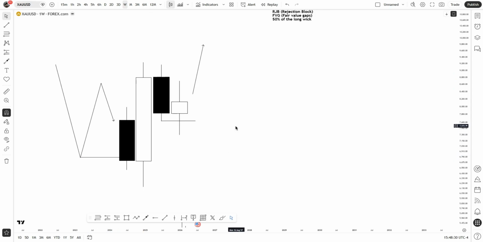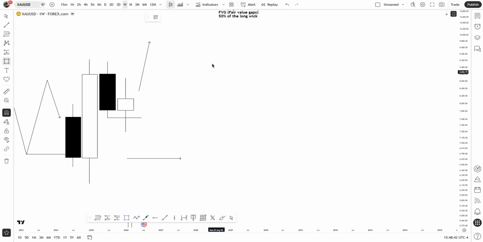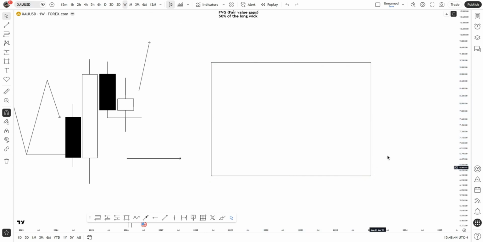Okay, so what is the logic behind this pattern, this key level and this range? Let's talk about it on the lower time frame. The market generally creates a range. They generate interest on both sides, buyers and sellers.